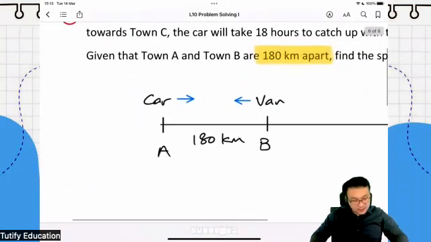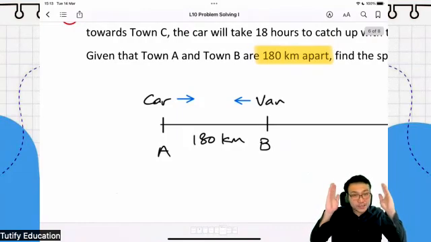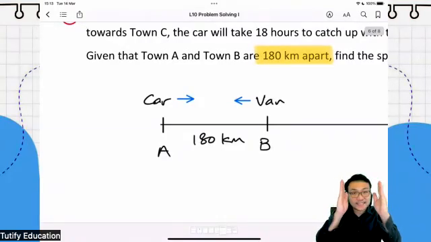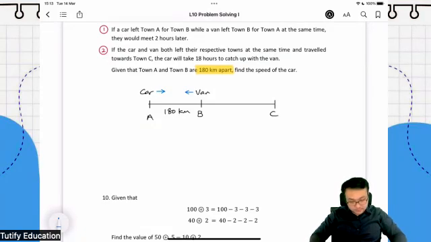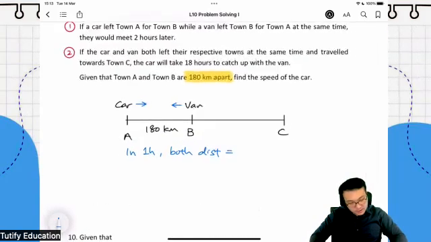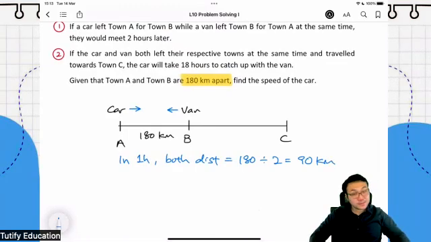You see, the car and the van are traveling towards each other. They meet in 2 hours, you know. That means in 2 hours, both of them can travel 180 kilometers to meet each other. That means in 1 hour, both of them traveled the distance of 90 kilometers.